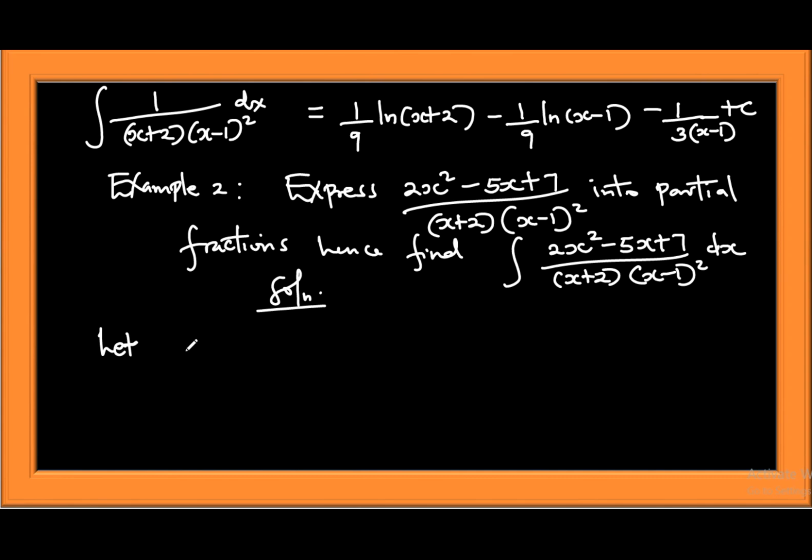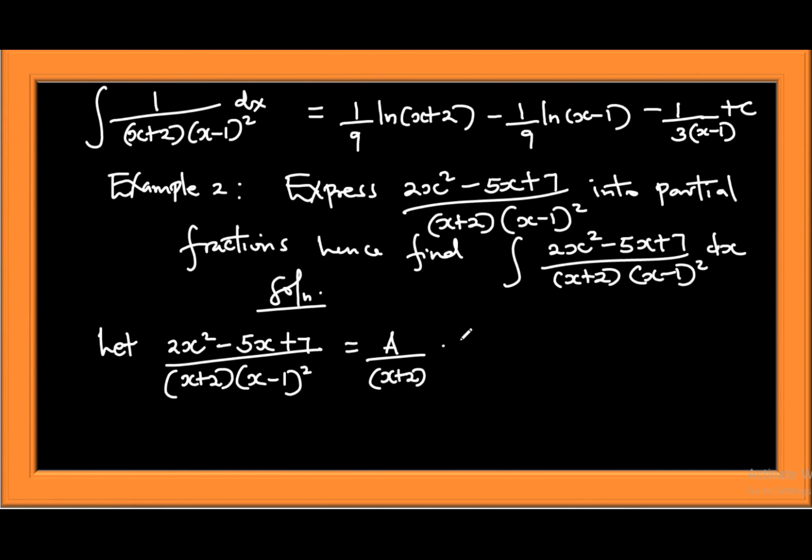So we shall begin by letting (2x squared minus 5x plus 7) divided by (x plus 2) into brackets (x minus 1) squared to be equal to a out of (x plus 2) plus, this is a repeated factor, so we shall first say b divided by (x minus 1).